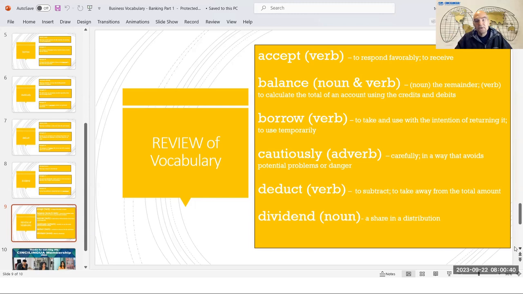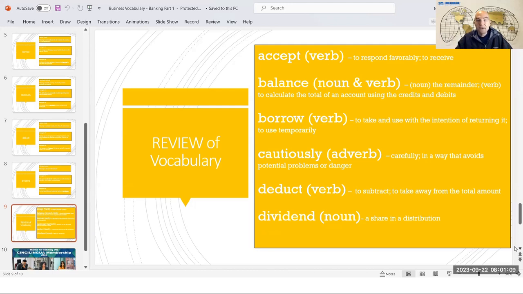So we take and use with the intention of returning it at a later time. We use something temporarily. So, for example, I may ask, excuse me, may I borrow your pencil for a minute? The idea is I will give it back to you in a minute, okay?